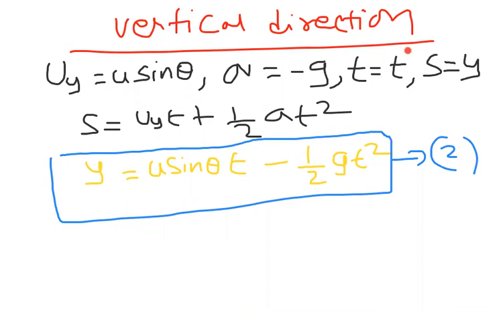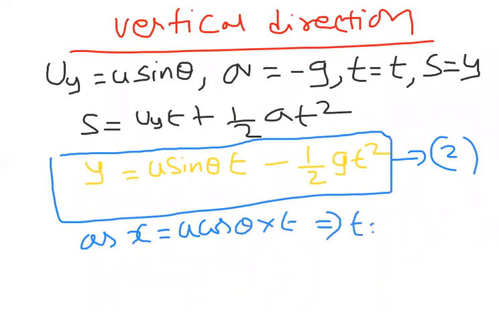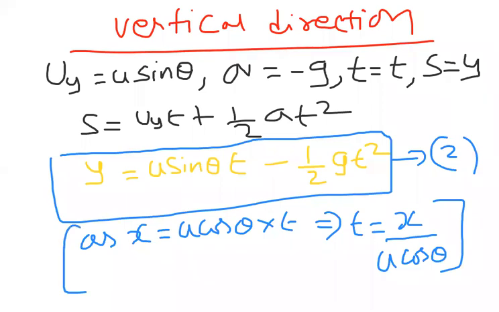Here observe carefully: from the equation x equal to u cos theta into t, I can write this expression as t is equal to x by u cos theta. As x equal to u cos theta into t, now I can write t as x by u cos theta.